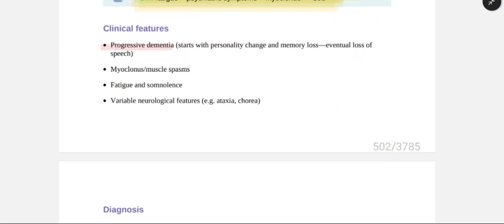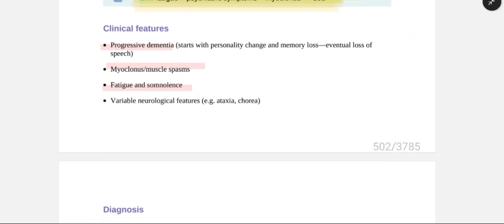Then there are neurological symptoms like myoclonus, muscle spasm, or problem with coordination and balance. There could be fatigue and somnolence. Patients become immobile, mute, and bedridden in the later stages of this disease, okay?